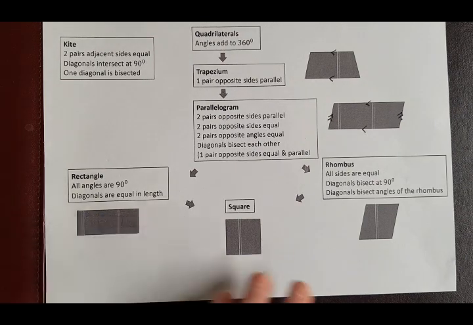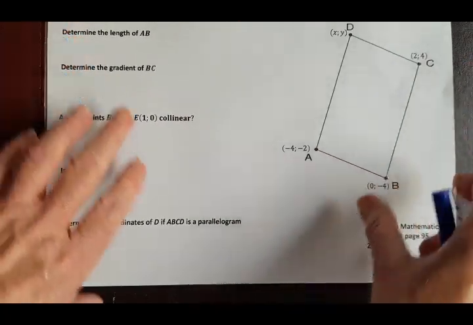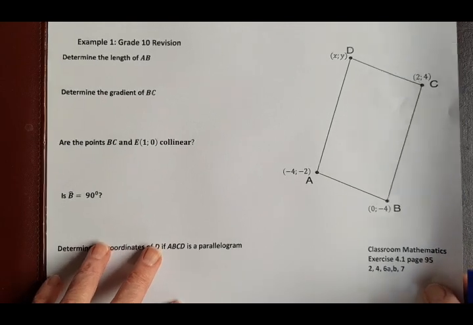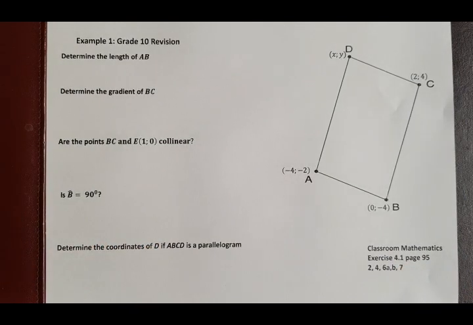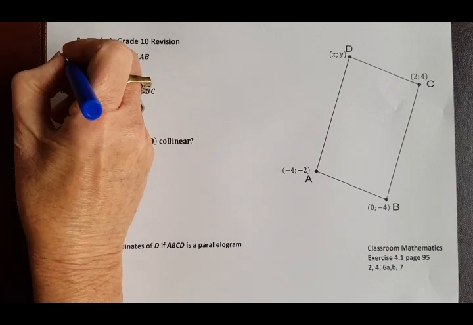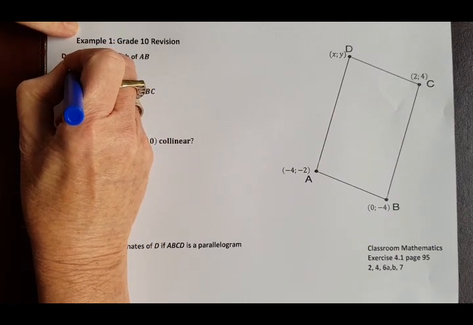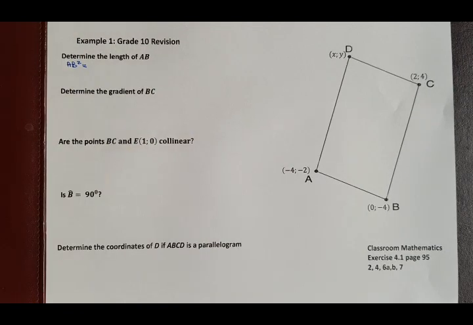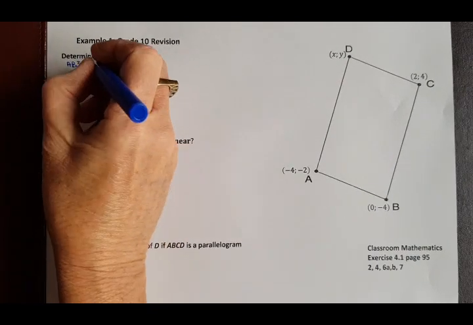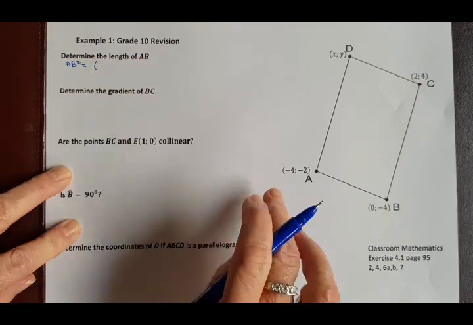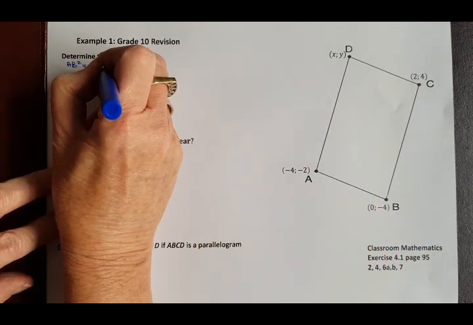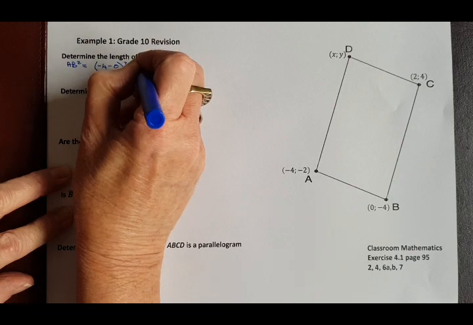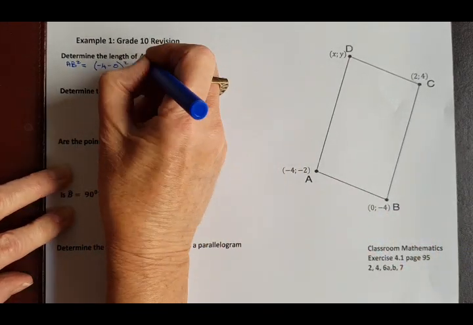Right, so now we're going to do a couple of examples just using your basic Grade 10 analytical geometry. The first thing we're asked to work out is the length of AB. So AB squared is just going to be equal to the difference between your x's squared, -4 minus 0, plus the difference between your y's squared.